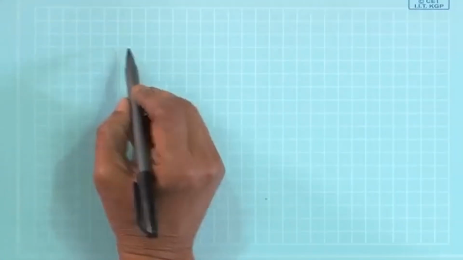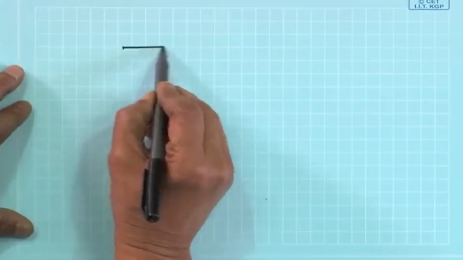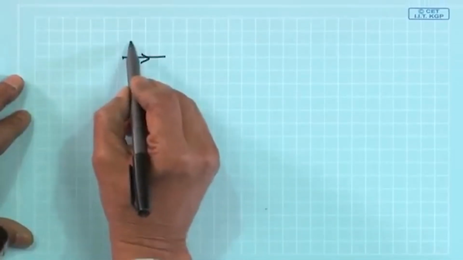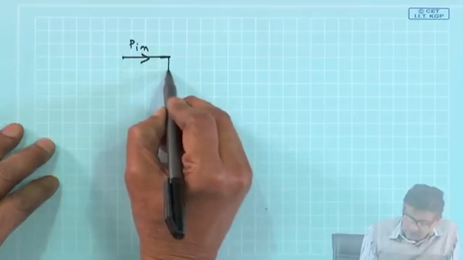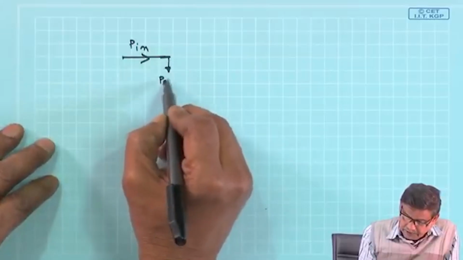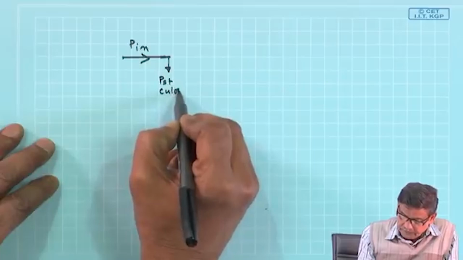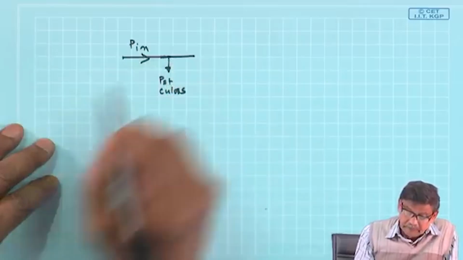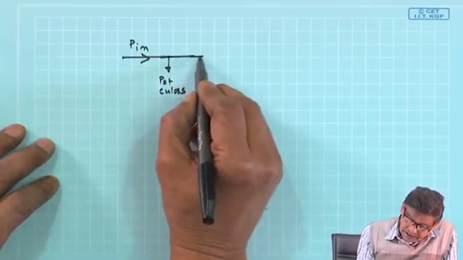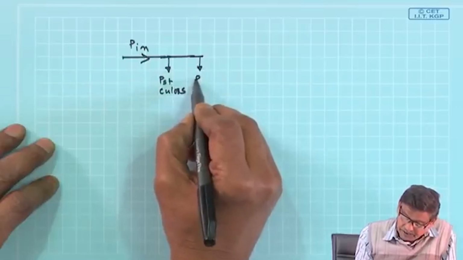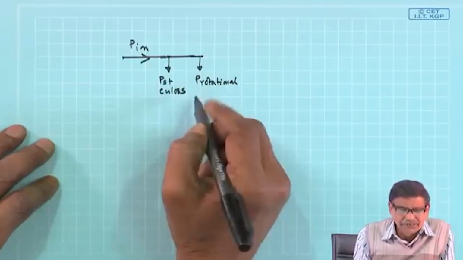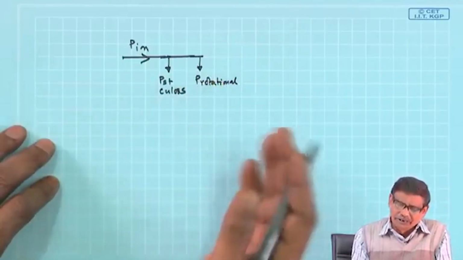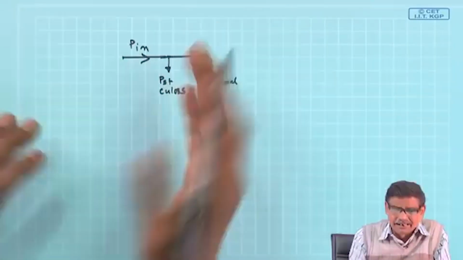So, what people do is say okay, this is input power, and with a single line I draw P in. Stator copper loss, of course, will be there, P stator copper loss. Then you say there is rotational loss, not core loss alone. Rotational loss I will take right at the input.